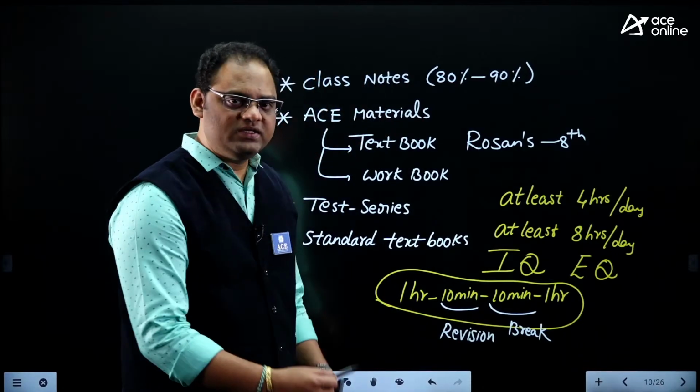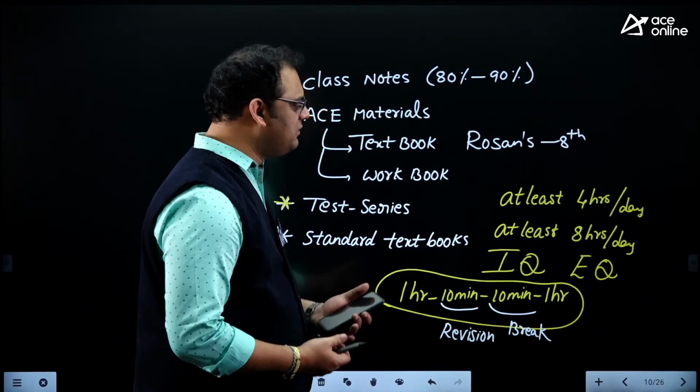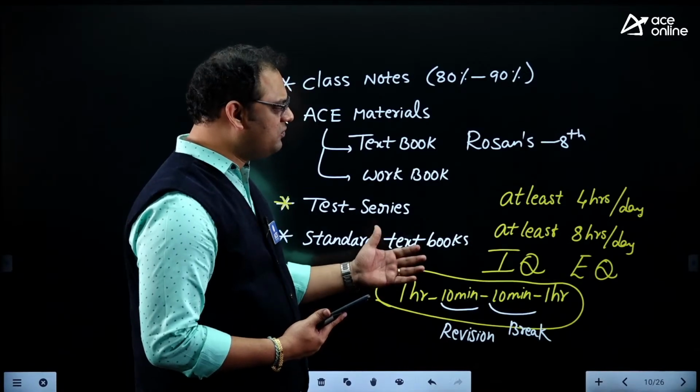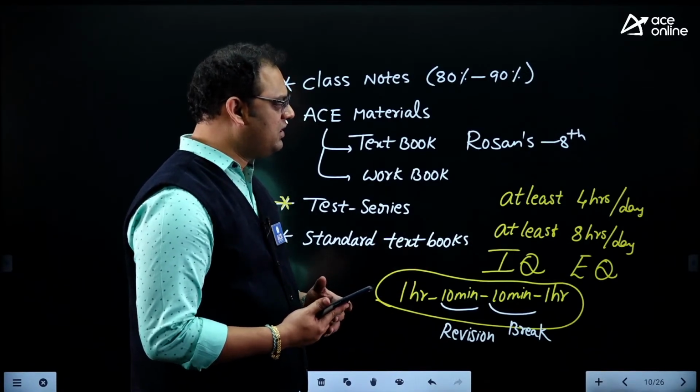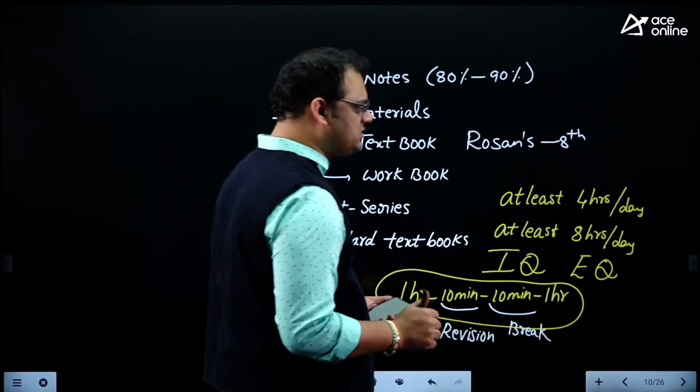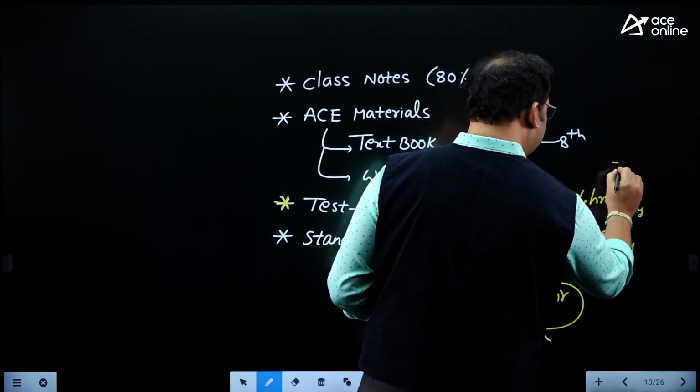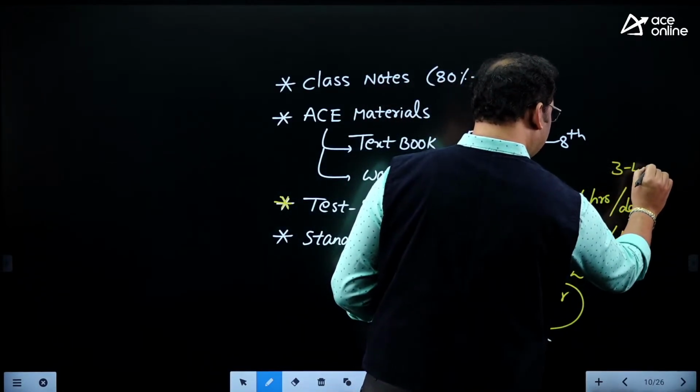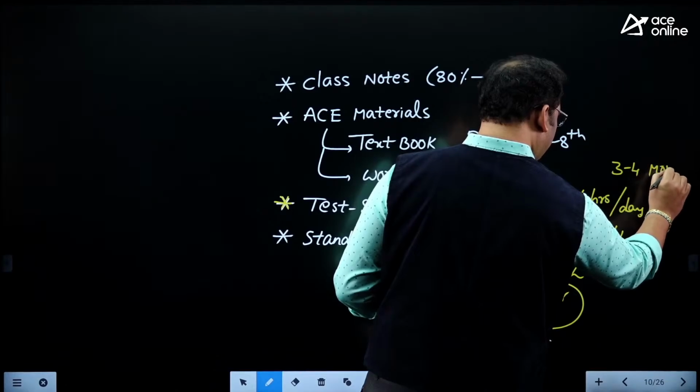This is the way you can follow the cycle, my dear. Even if you prepare 4 hours per day, and you prepare like this for 3 to 4 months, that preparation is more than enough for GATE.